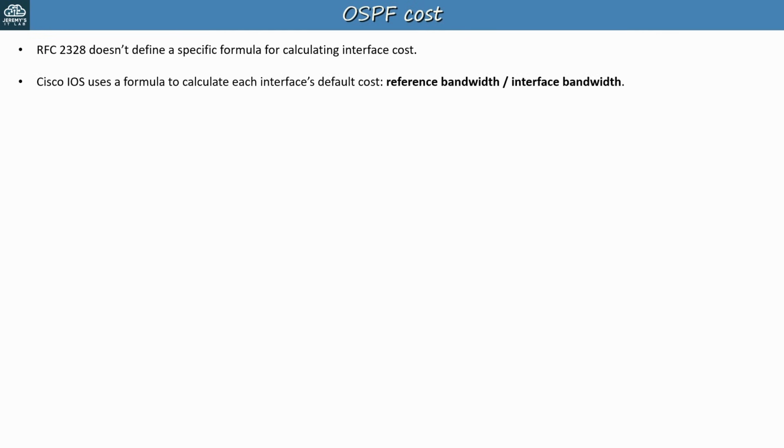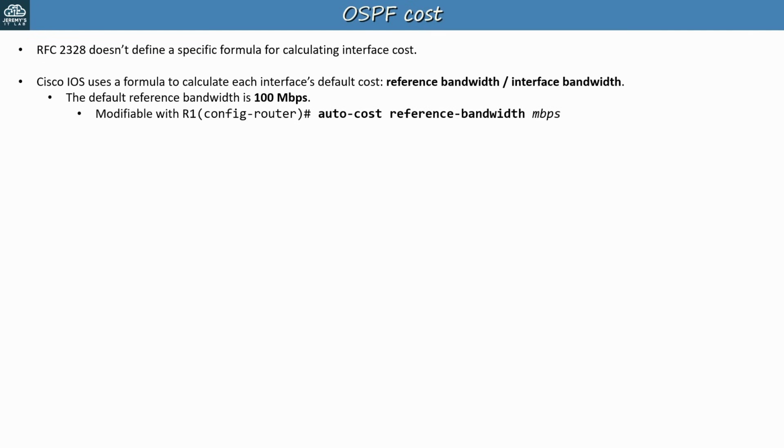Now let's look at how OSPF cost is calculated in IOS. RFC 2328 doesn't define a specific formula for calculating interface cost. Cisco IOS uses the following formula: reference bandwidth divided by interface bandwidth. And the default reference bandwidth is 100 megabits per second. You can modify this with auto-cost reference-bandwidth.